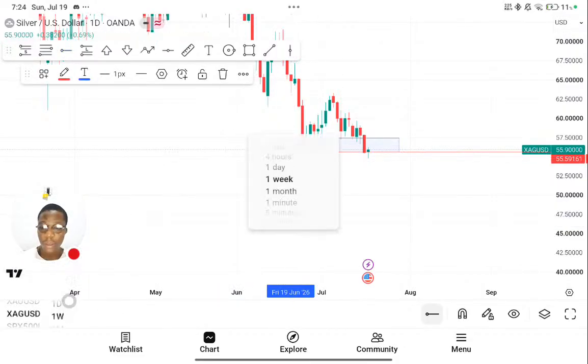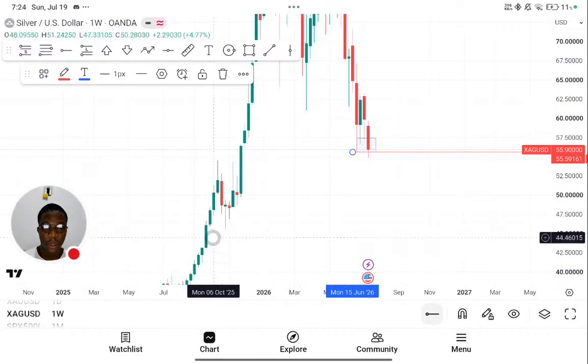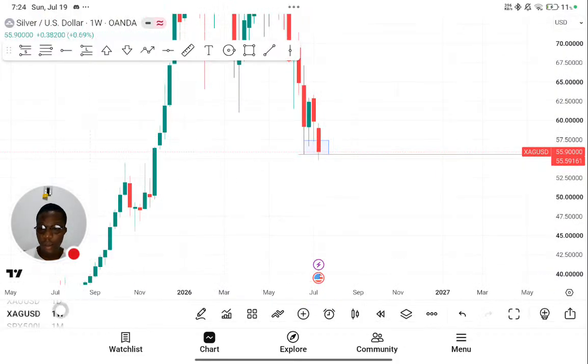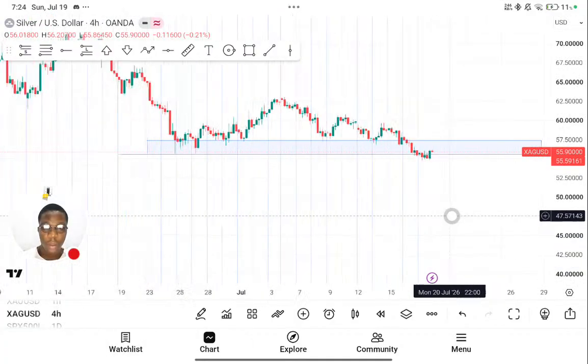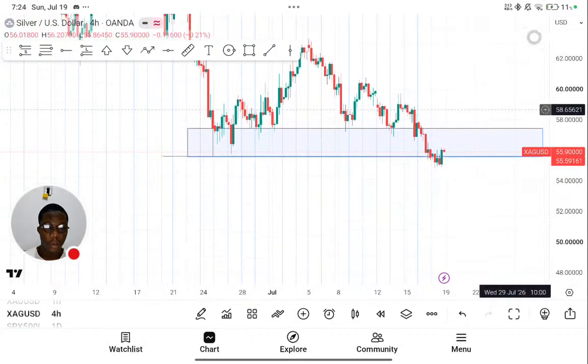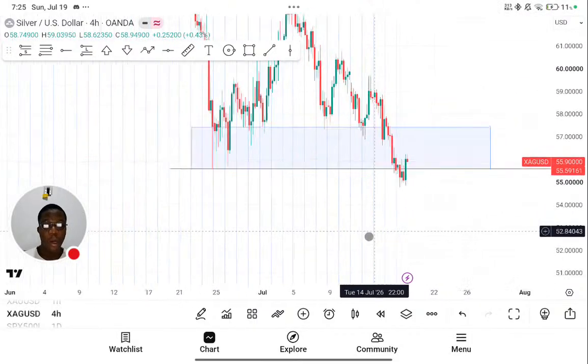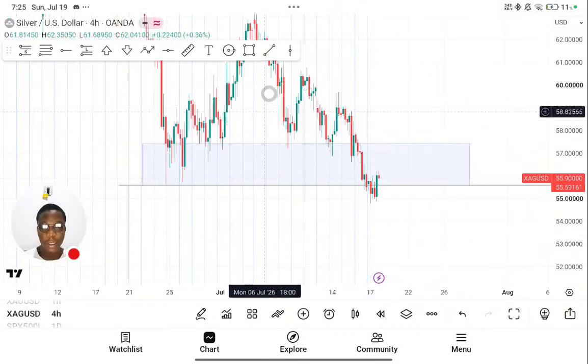Let's see. What's it telling us on weekly? It's been broken. So to buy, but it's more of like a retest.